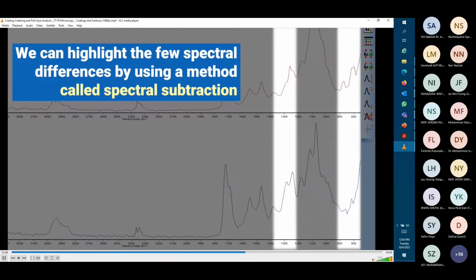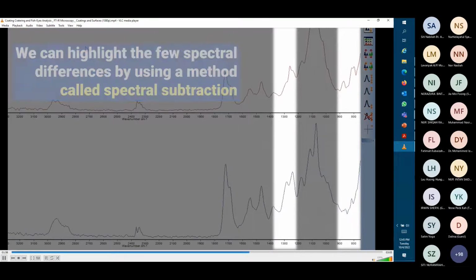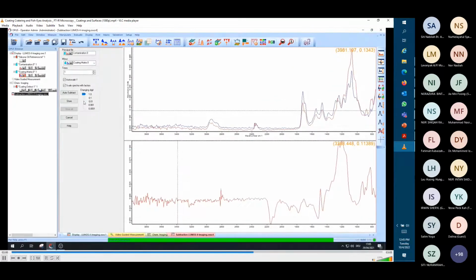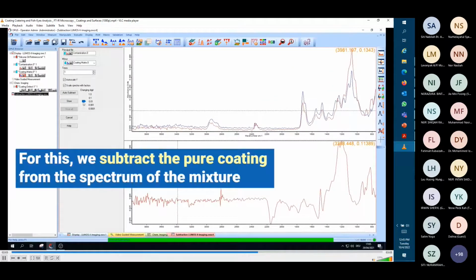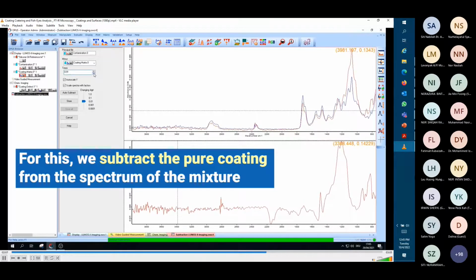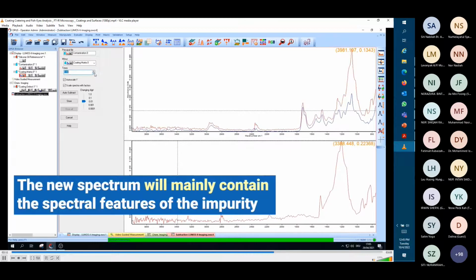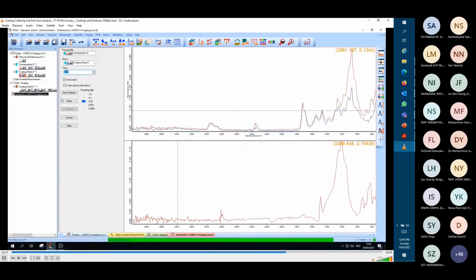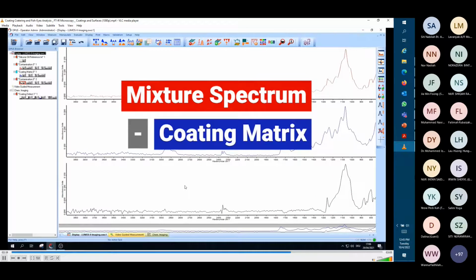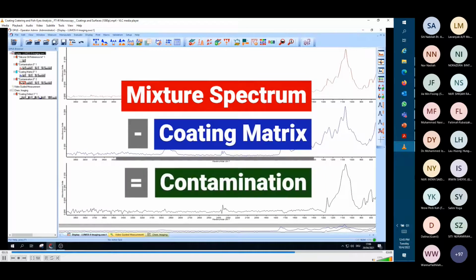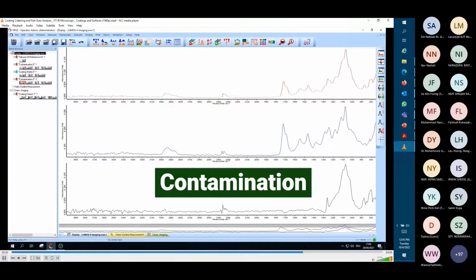You can clearly see the difference between the two spectrums. With the subtraction function, you will easily extract the content from the mixture. Then you will get the impurity spectrum.